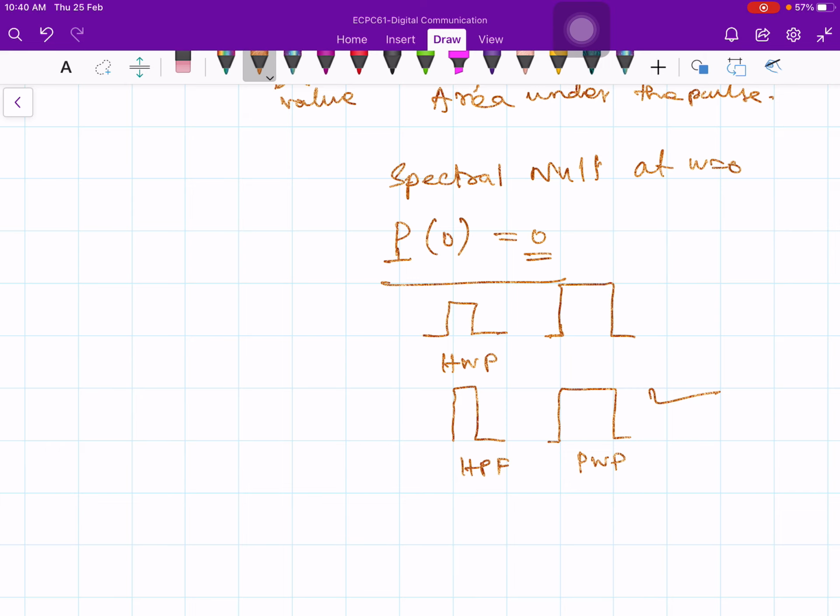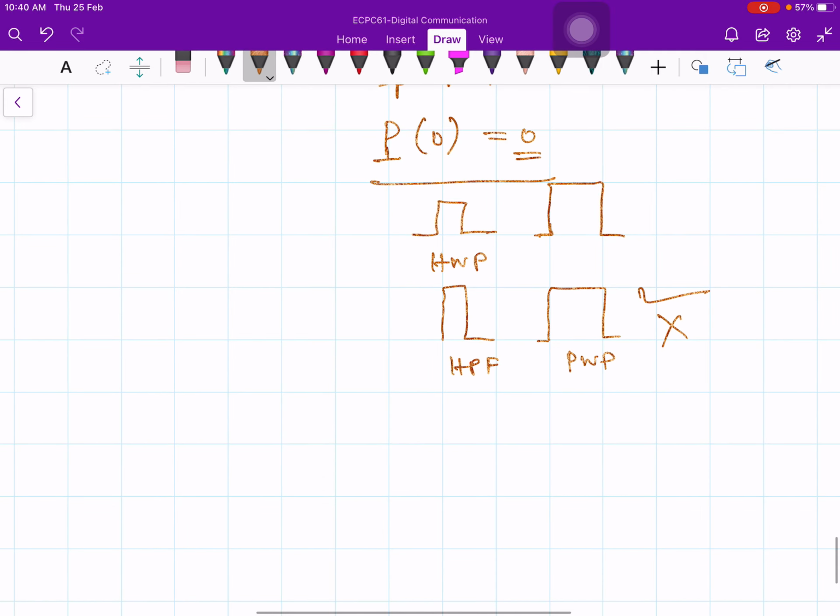So instead of sending like this, don't send like this. You transmit half of the pulse positive and the remaining half of the pulse negative like this, right? Like this you transmit. Now you take the total area, this is a negative area and this is a positive area, and you find the total area is going to be 0.